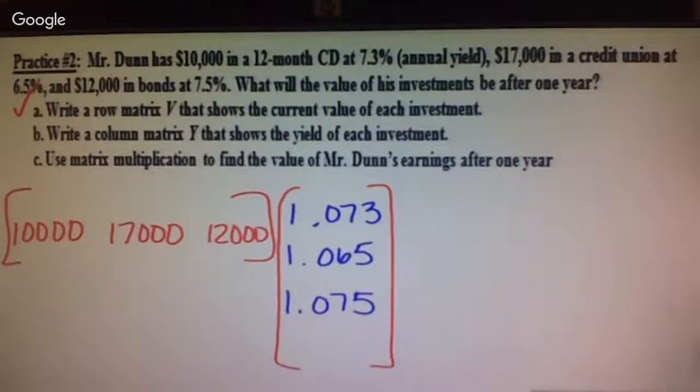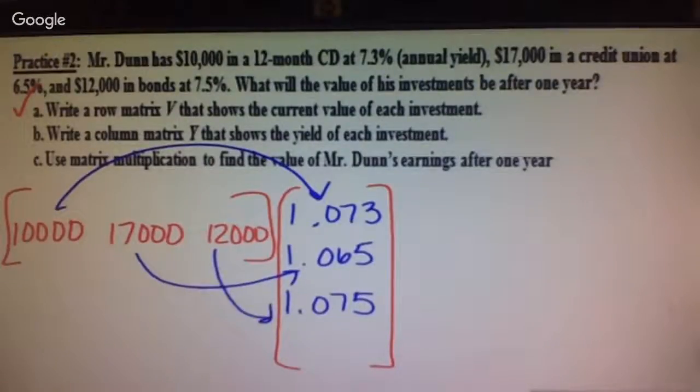Oh, because I should have had this here and this here. Yeah. I see. It has to be in the right order. So it's 35 instead of 85. So what this does is it takes 10,000 times its annual yield, 17,000 times its annual yield, and 12,000 times its annual yield. By the end of it, he's walking away with $41,735.